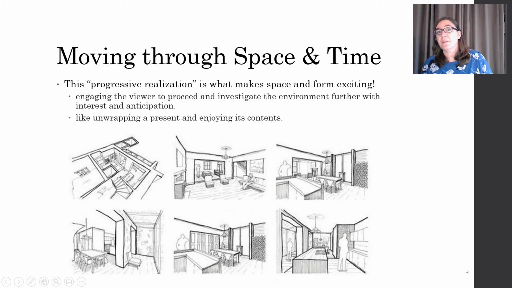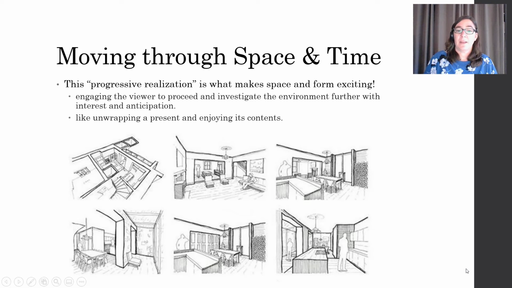This progressive realization, coming around the corner and seeing something new, is what makes space and form exciting. It's engaging to the viewer and it makes them want to keep going and investigate their environment. Causes or triggers interest and anticipation.